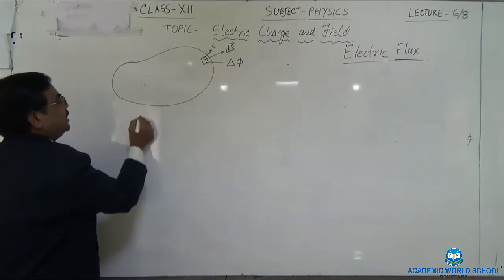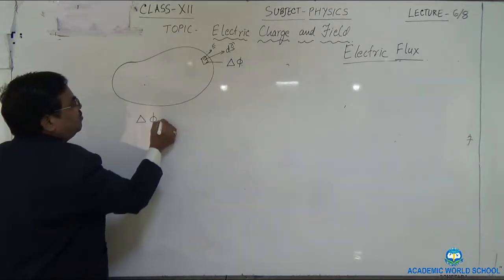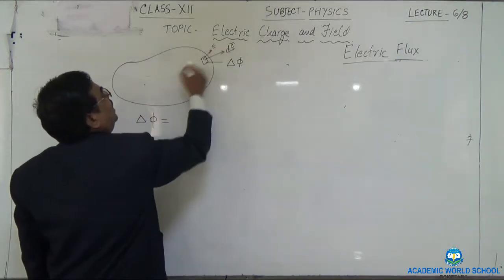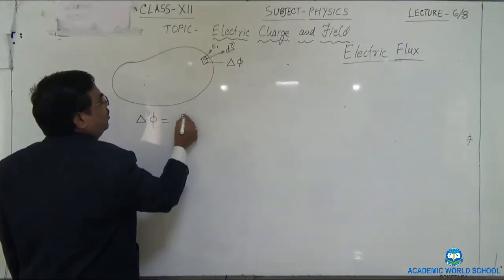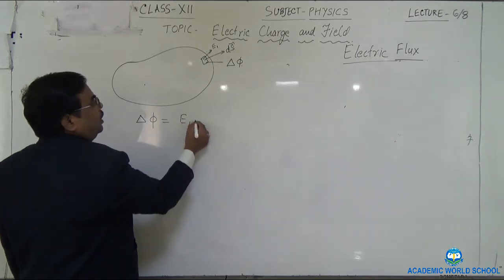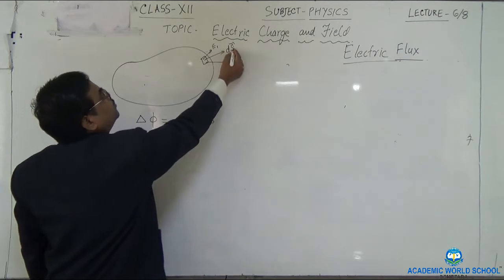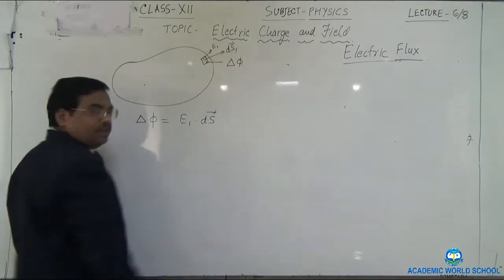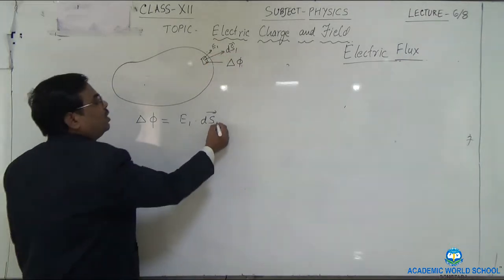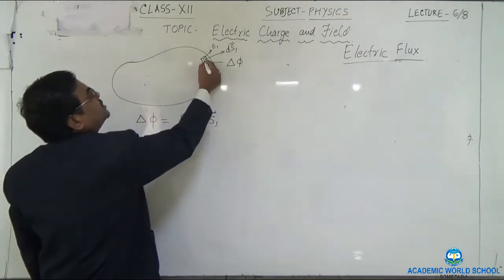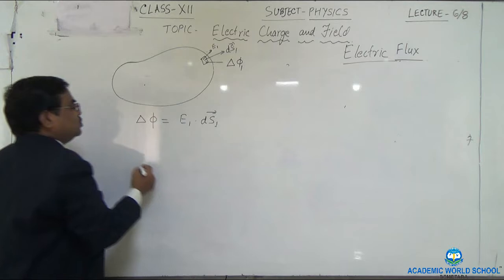So what is delta phi? Delta phi is equal to the electric field at this point E1 into ds at this point, ds1, because this surface is here. Here I have got some flux, that is phi 1.